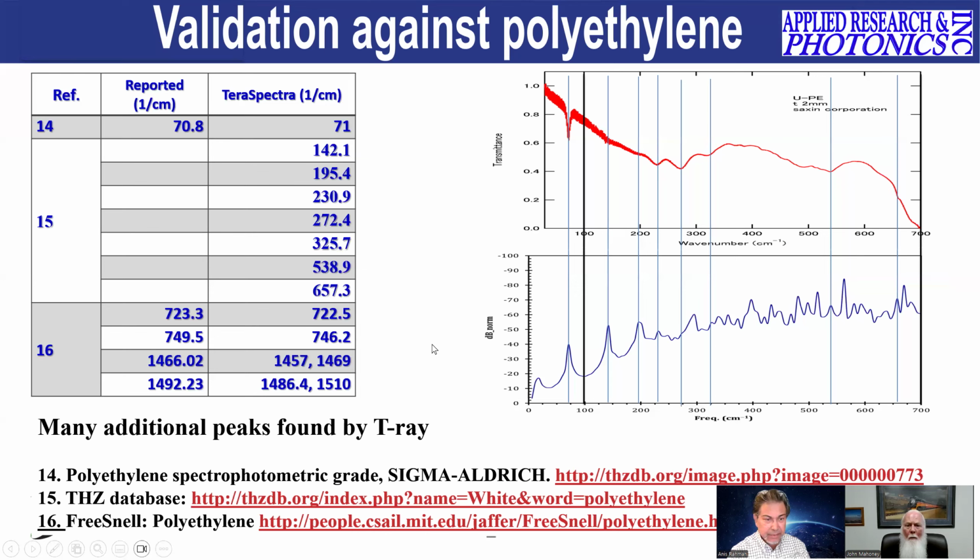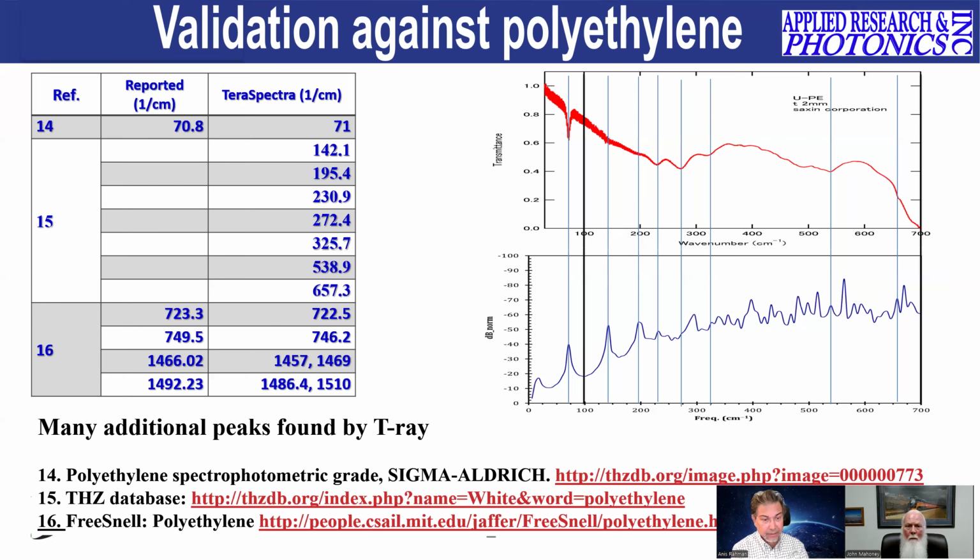But when we take the polyethylene spectrum with T-ray, we do see all the peaks that they have, but we also see more peaks, like here, that other techniques did not see. So it's a good thing and a bad thing. The good thing is that we now have the option of interpreting those additional peaks for what they mean.